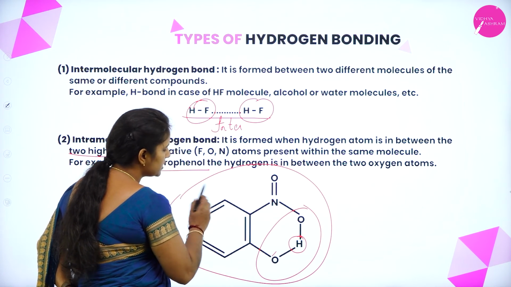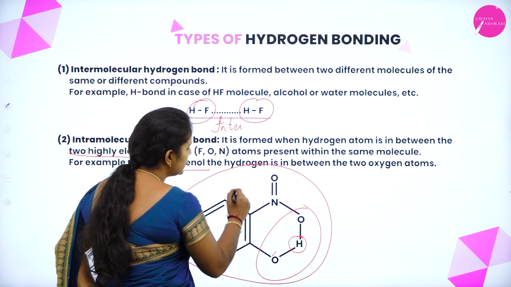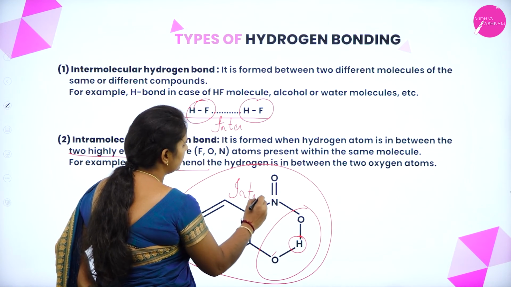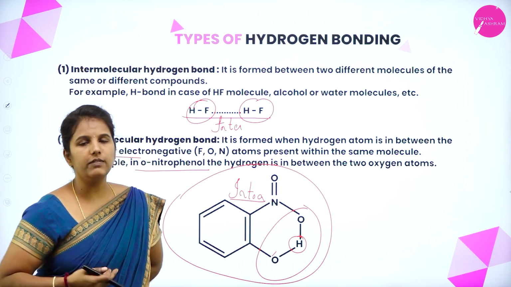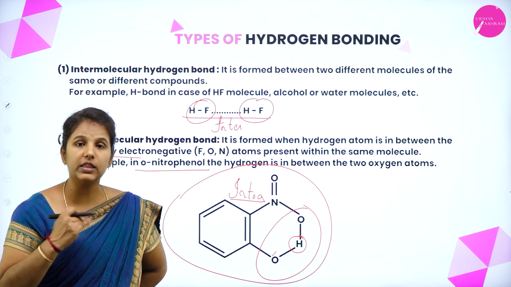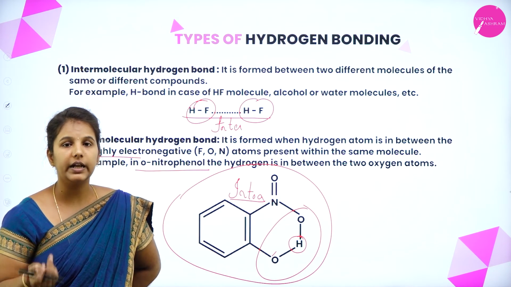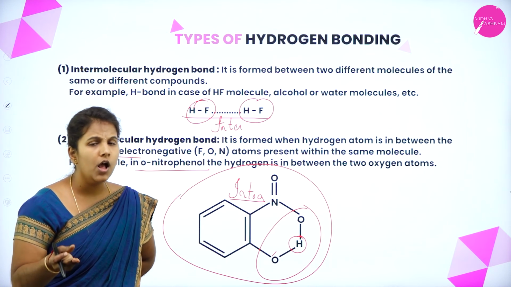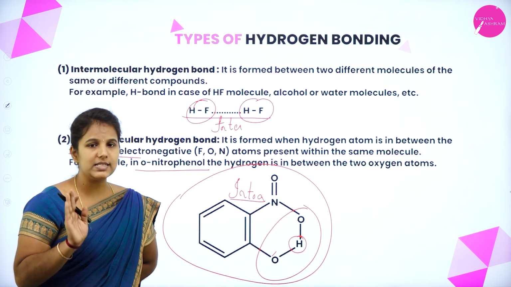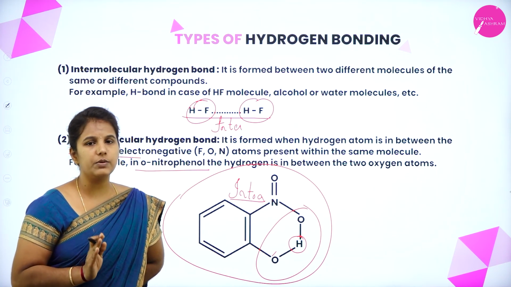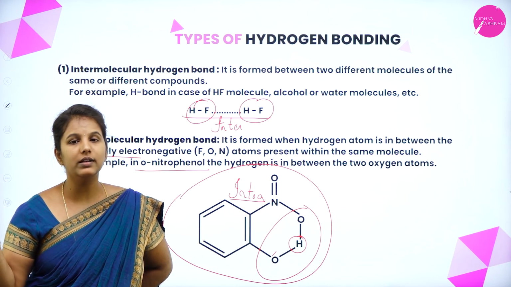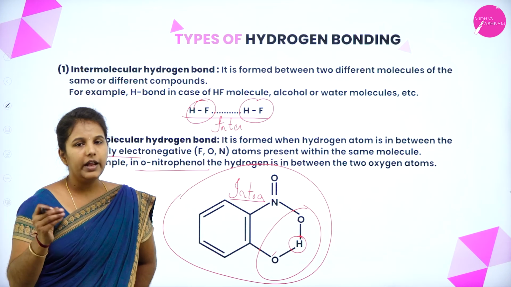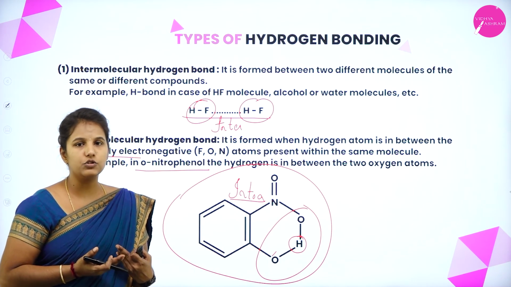This kind of bond is found within the molecule, hence it is known as intra. If it is found between 2 molecules, we say it is inter. If it is found within the molecule, we say it is intramolecular hydrogen bonding. Always remember, hydrogen bonding occurs between an electropositive element and an electronegative element. So it may be oxygen or the halogen atoms also.